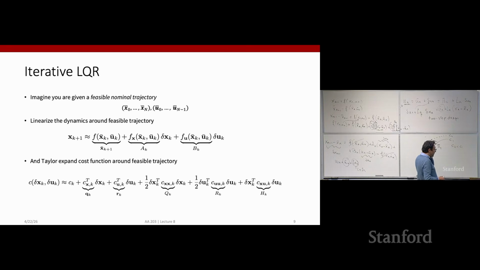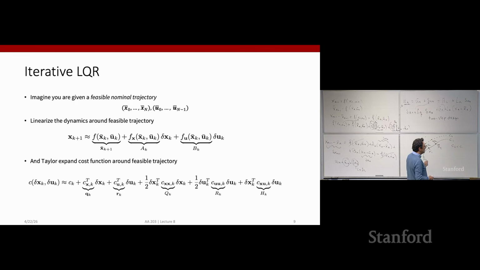So the idea here is very similar as before. We want to reason in terms of deviation variables, but now we want to pick these deviation variables not to drive delta x to 0, but to drive delta x in such a way that we get the new waypoints that give us rise to a trajectory with lower cost.